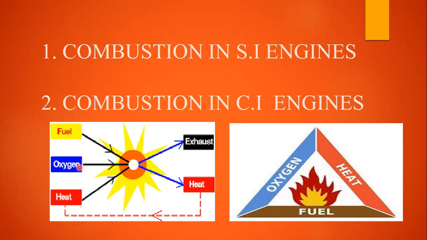At normal atmospheric conditions, when these two mix without any spark, they are not going to ignite. So with a minimum spark possible, we take them to higher pressure and temperature, and then the combustion is going to be effective.